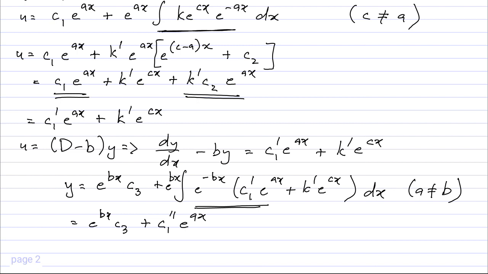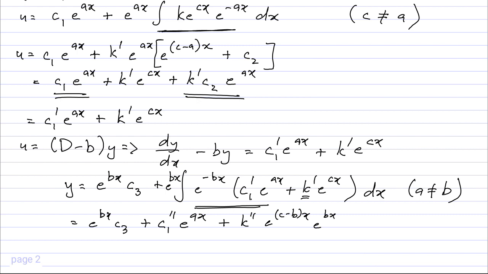And then you have plus over here, when you do this integral, you are going to get e raised to power c minus b x. Okay, and then this k prime is going to be redefined to k double prime, say, and then e raised to power c minus b x, and then e raised to power bx.